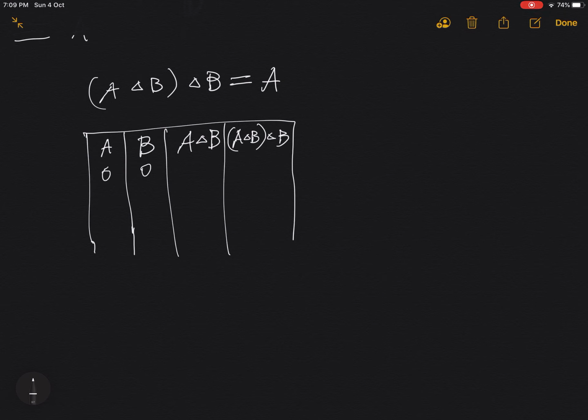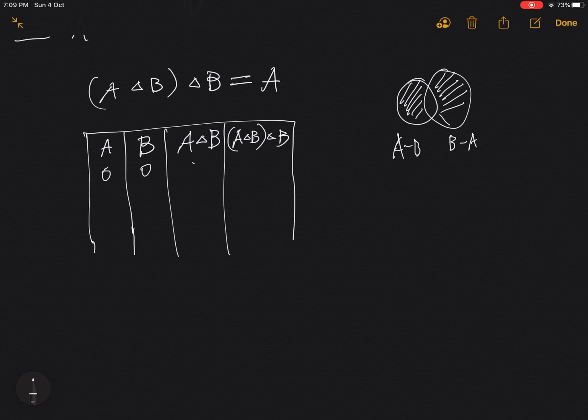And then we need to calculate A delta B on the specific A and B. A delta B equals what? The white part. Okay, so it's A minus B union B minus A.